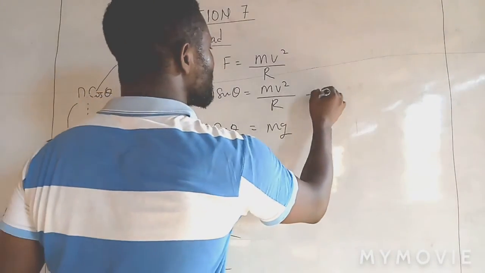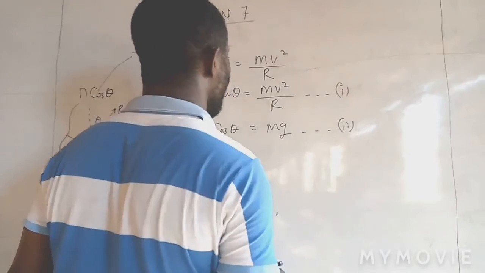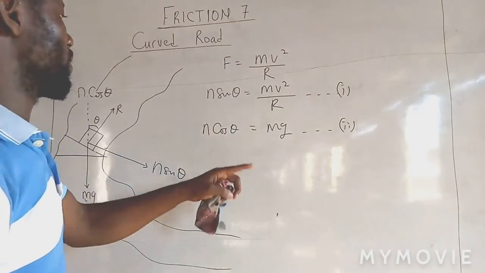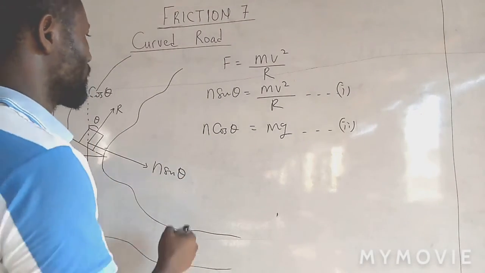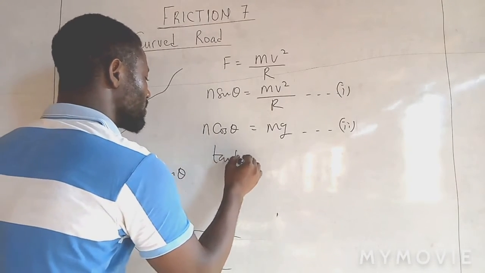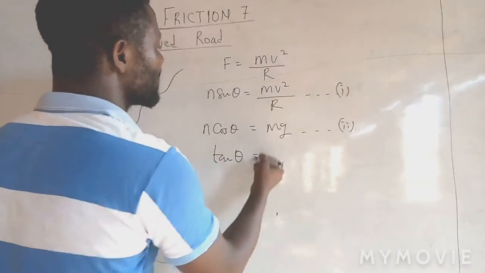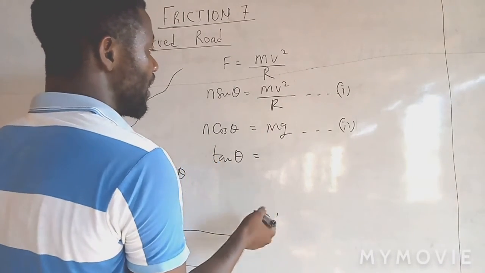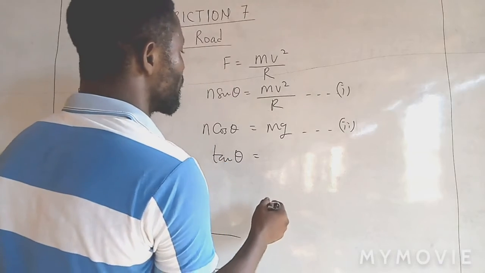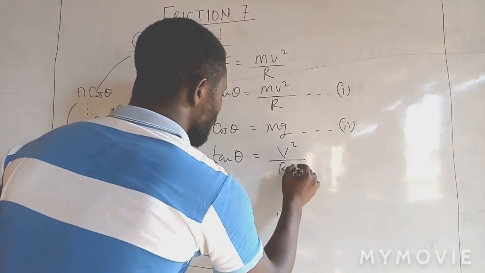If we call this equation 1 and this equation 2, if we divide equation 1 by equation 2, we have sin theta over cos theta, and that will give us tan theta. M will cancel m, and we are going to have v square over rg.